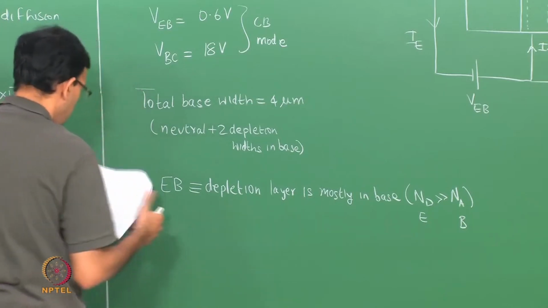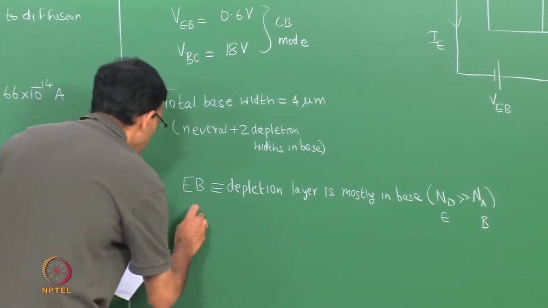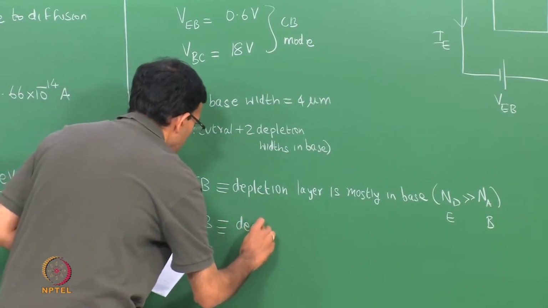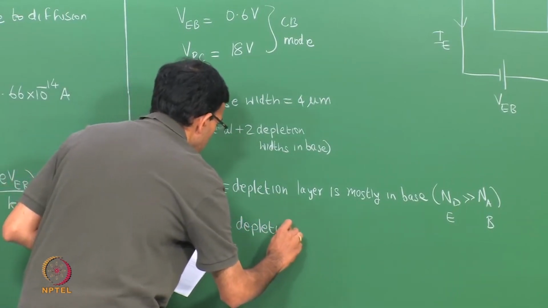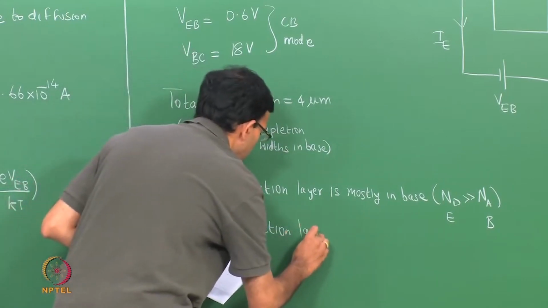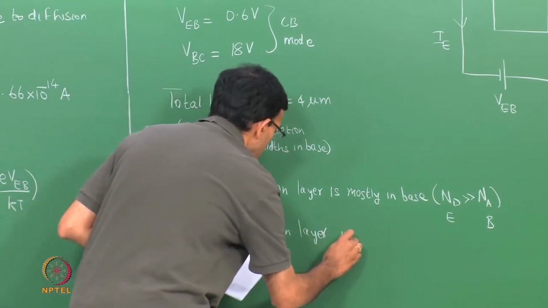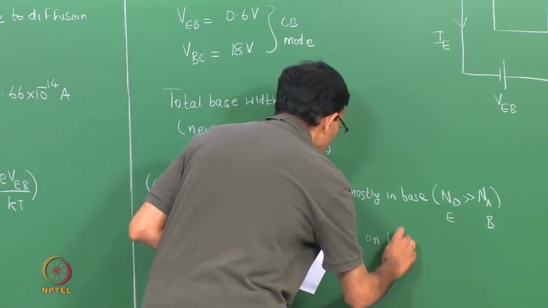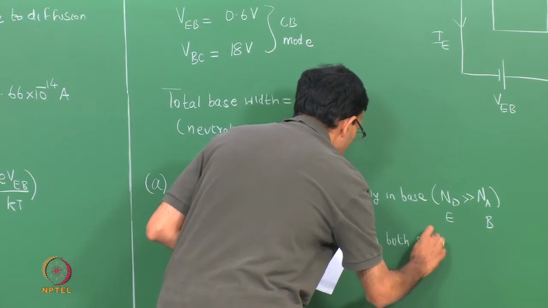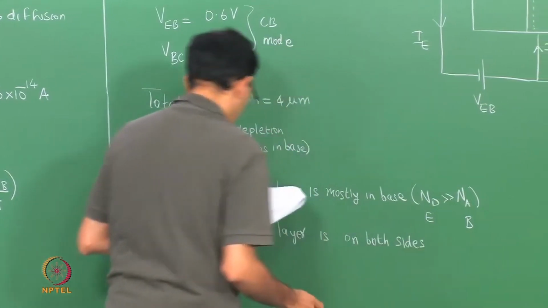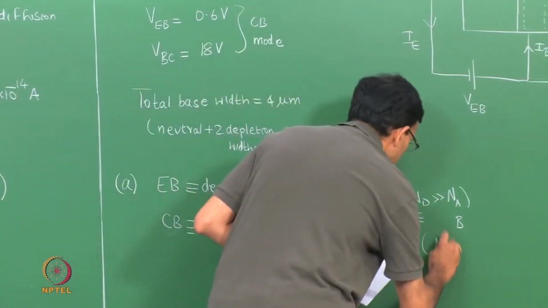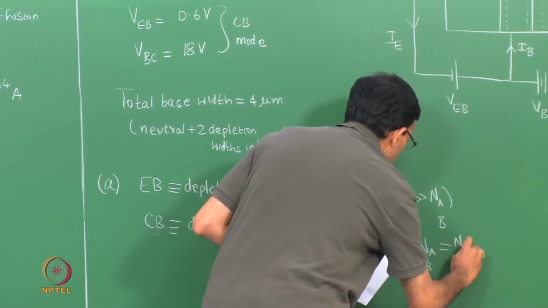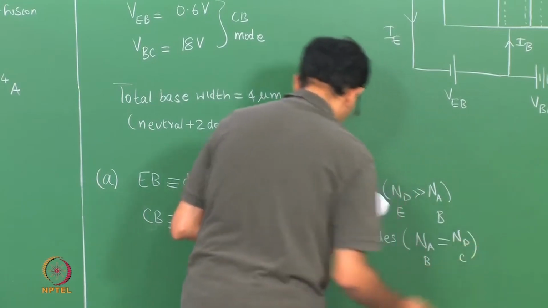So, this is the emitter base region. For the collector base region, the depletion width is on both sides. This is because NA in the base is equal to ND in the collector side.